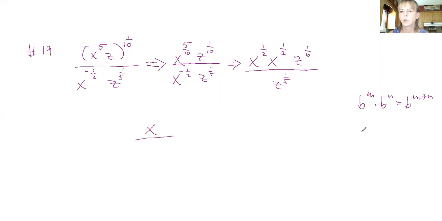On the z's, we're going to use this rule. A to the m over a to the n is a to the m minus n, because when you have a quotient, if you have a like base, you're dividing, you're going to subtract the exponents.